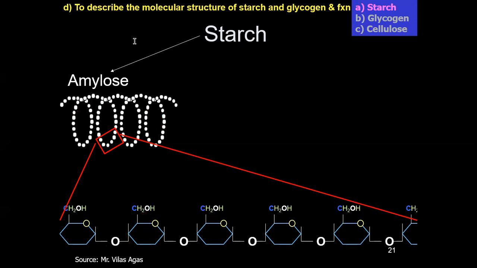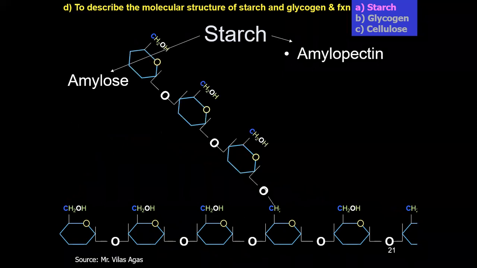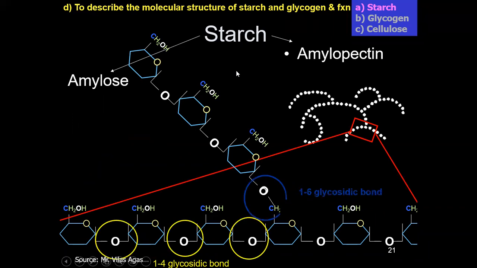Now, what about amylopectin? Now, amylopectin has got branch chain joined to the main chain. So let us look at the branch chain, which location of the branch chain joined to the main chain. Okay. So you see this glucose residue of the branch chain joined to this glucose residue of the main chain.